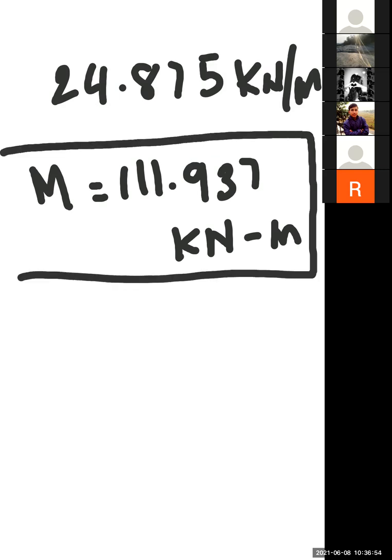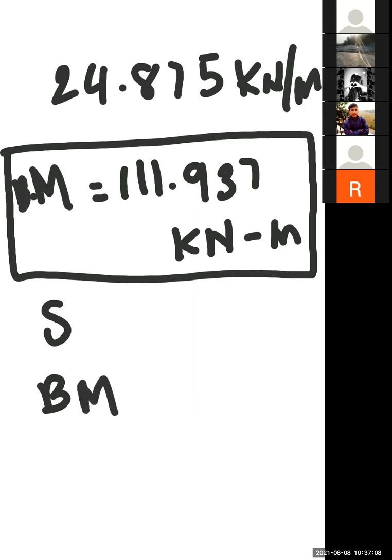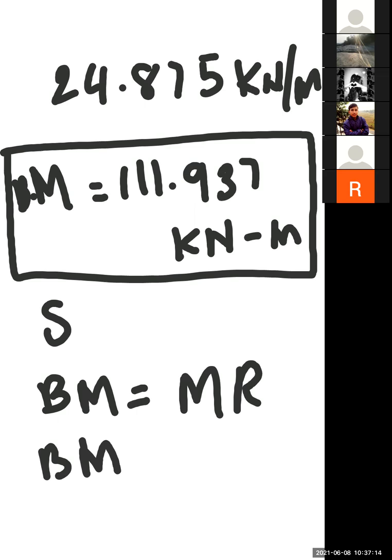Means for safe condition, bending moment is equivalent to MR, or bending moment is less than MR. Right?